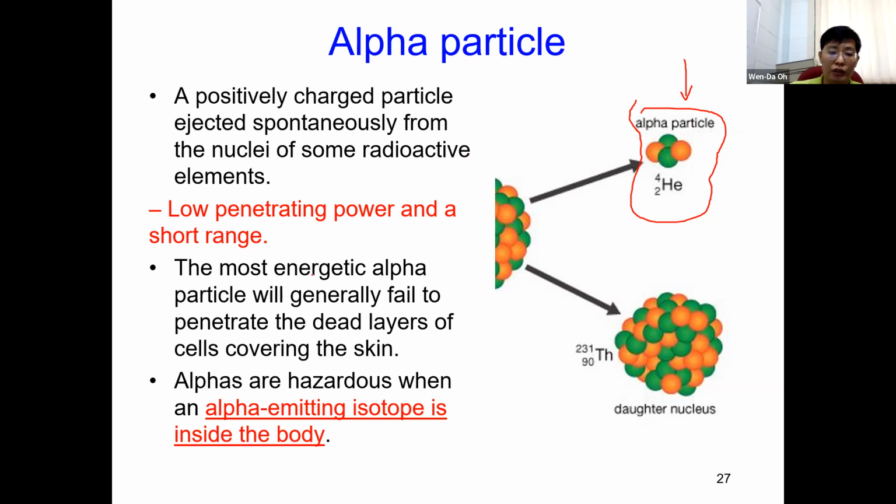So it is only hazardous when it is inside our body, which means that if you ingest something that is radioactive, the alpha particles coming out from it can ionize our cells inside the body, because our internal organs are not protected by the skin.